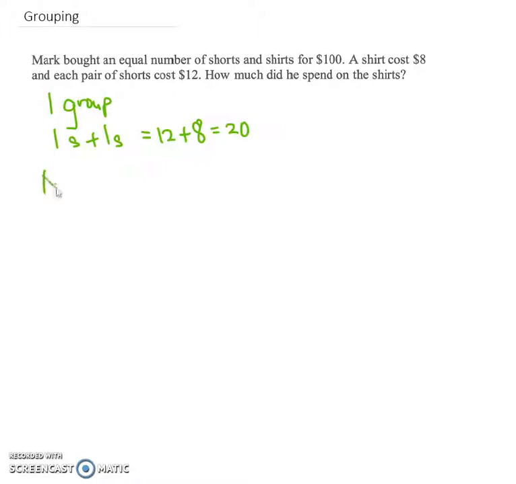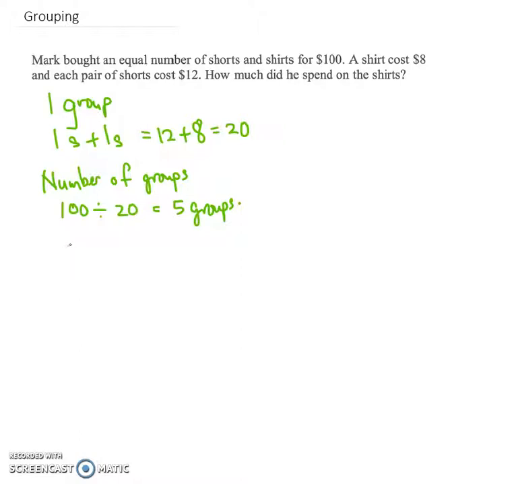So he spent a total of $100. You need to find the number of groups, and that is $100 divided by one group, $20, equals 5 groups.